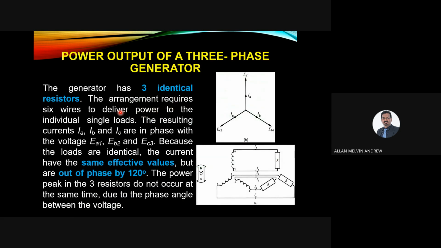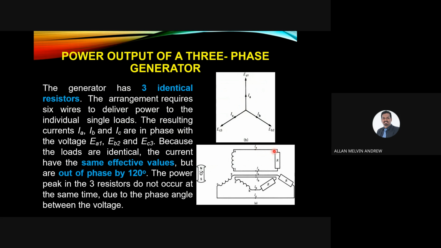Here is the power output of a three-phase generator. The generator has three identical resistors. The generator outputs the power through resistors, so it has three identical resistors. The arrangement requires 6 wires to deliver power to the individual loads.